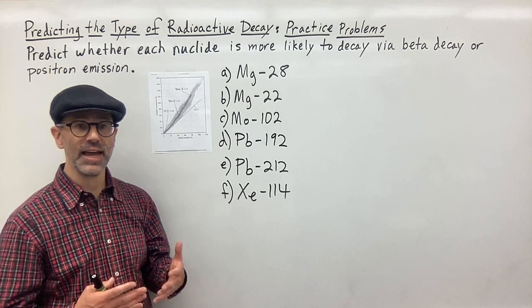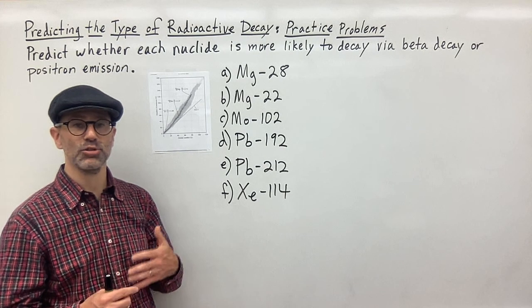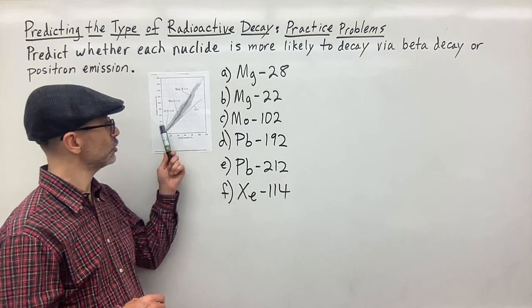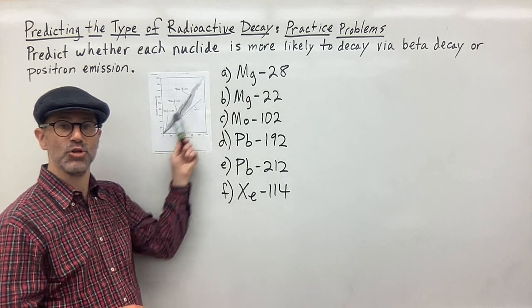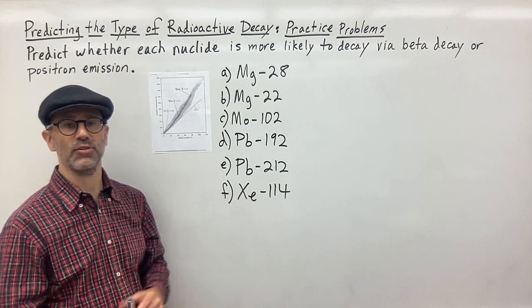And the decay it's going to go through is the decay which is going to bring it closer to that average or bring it closer to that neutron to proton ratio. Okay, so let's get into this.